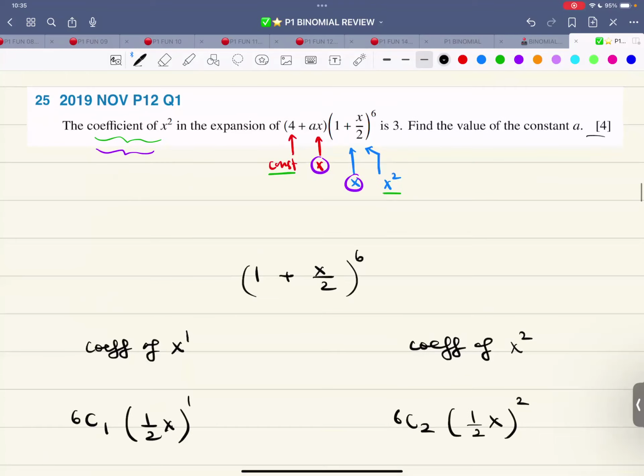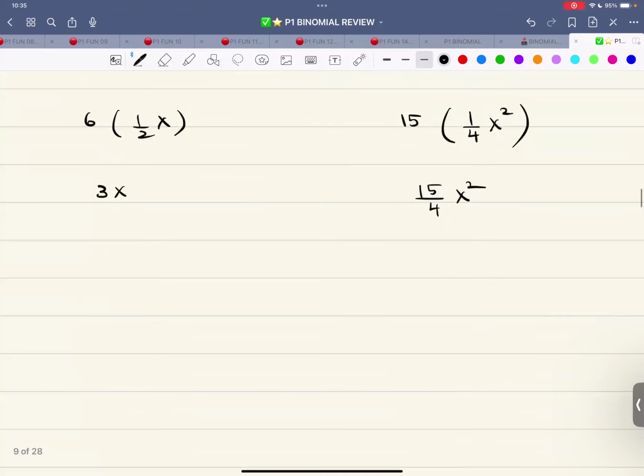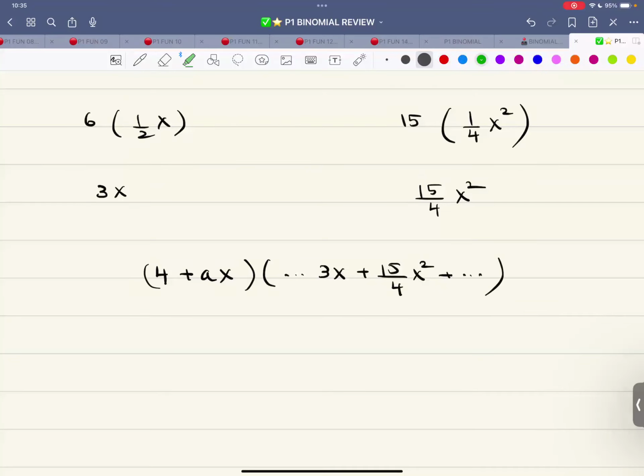And it's all in one shot. You have to do everything by yourself. So now (4 + ax). So this is 4 plus ax. Let's multiply it with 3x and 15 over 4 x square. And then I should multiply it selectively.